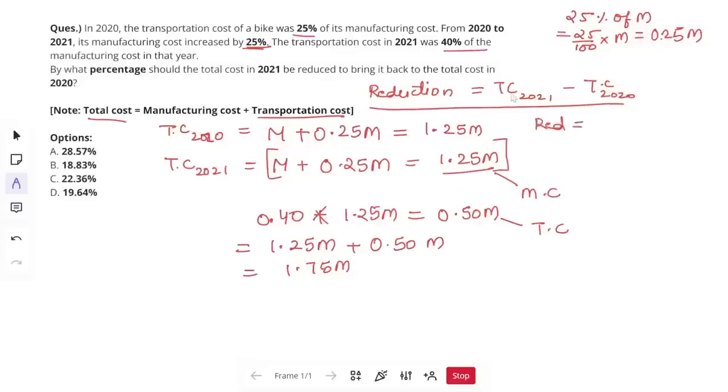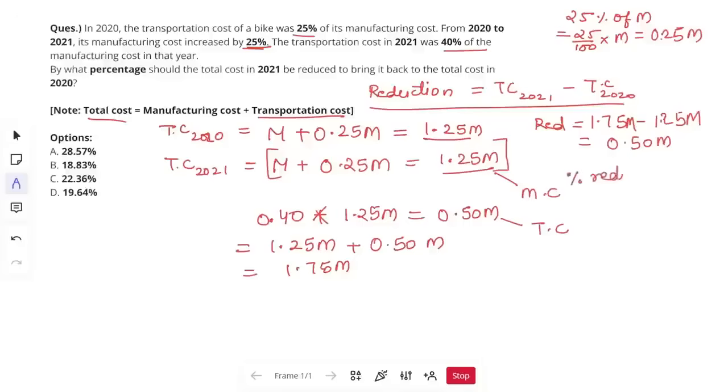In order to calculate the reduction, we need the total cost in 2021, which is 1.75, minus the total cost in 2020, which was 1.25. So 1.75 minus 1.25 is going to give us 0.50 M. Don't forget to mention M everywhere, because M was a part of it, which is the manufacturing cost. Now we are asked the percentage reduction, right? So we have to convert it and find out the percentage reduction.